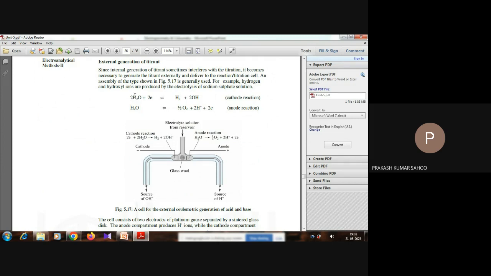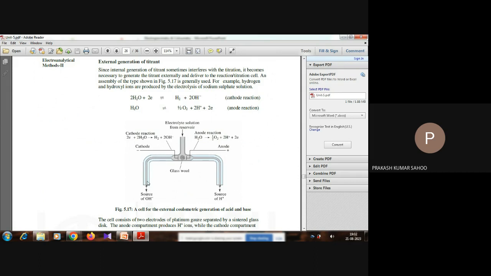Then for external generation of titrant, we have the reaction as discussed: water gets reduced to H2 at the cathode and O2 at the anode. So this is external generation of titrant, where the cathodic reaction is addition of electrons and the anodic reaction is liberation of electrons, and there will be electrolyte solution from this reservoir here.